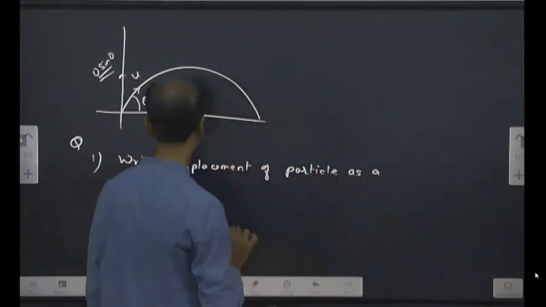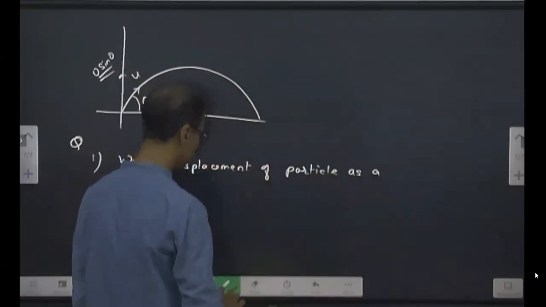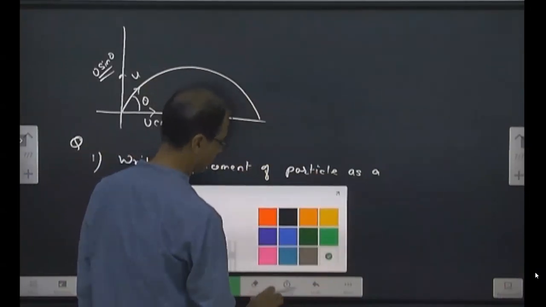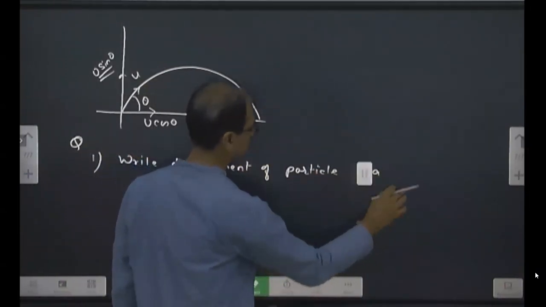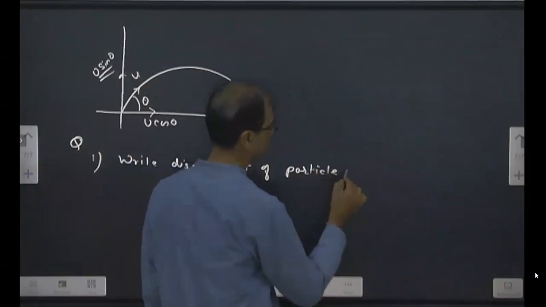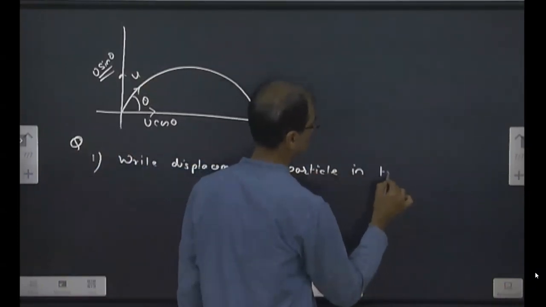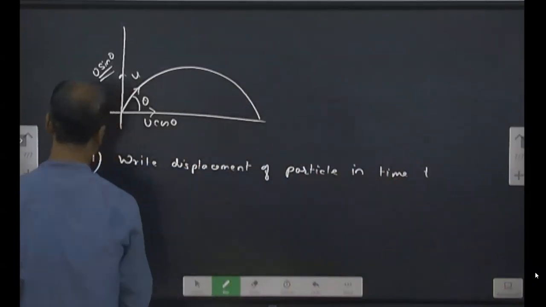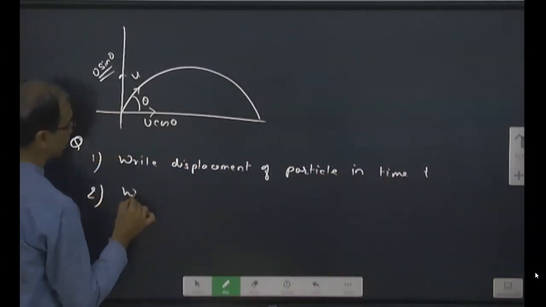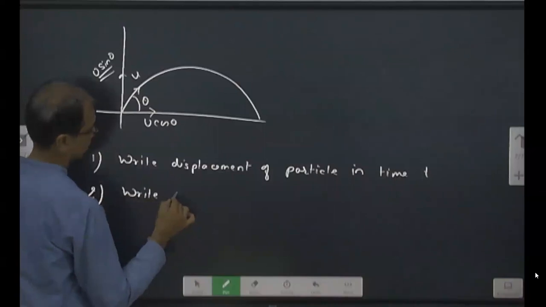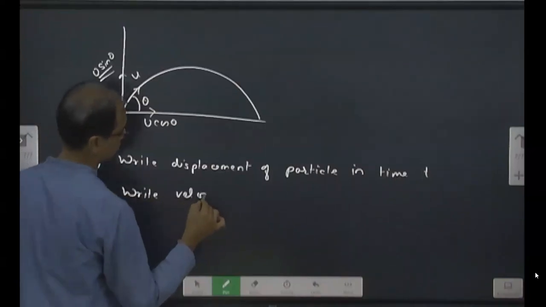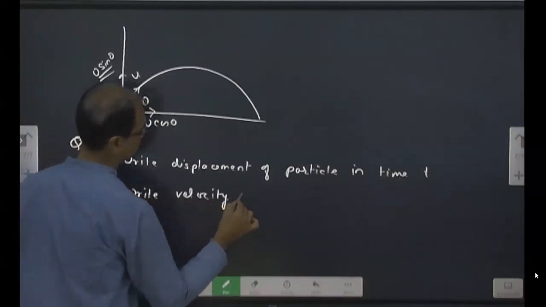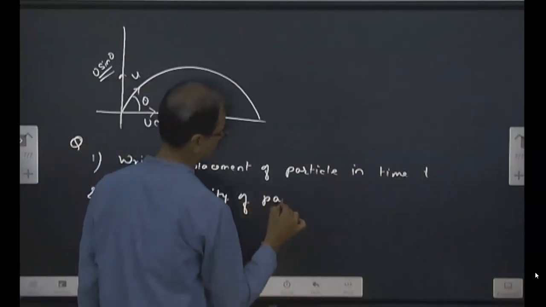Don't write as a function of time; write displacement of particle in time t. Second question: write velocity of particle after time t.